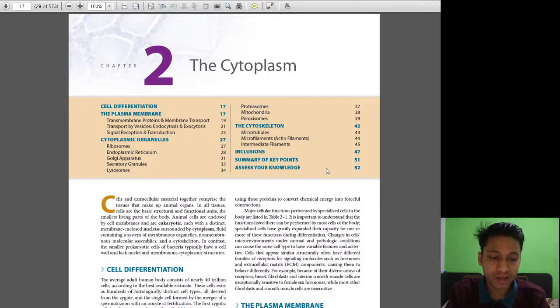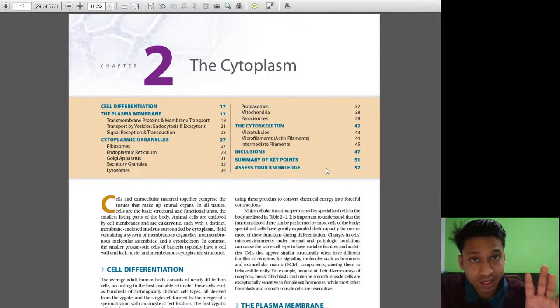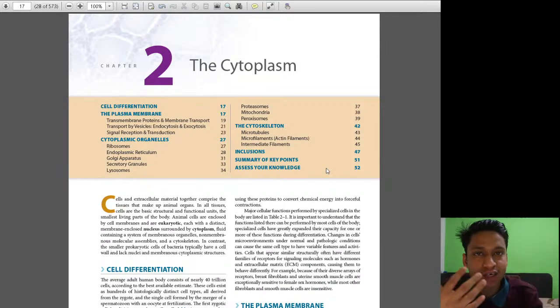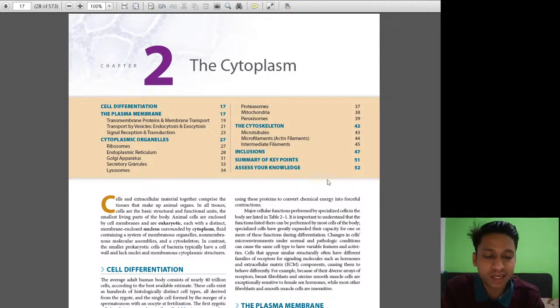Also, we read that cells appear different because they have different families of receptors, and they react differently to different stimuli. Here is an example. Because of diverse arrays of receptors, breast fibroblasts and uterine muscle cells are exceptionally sensitive to female sex hormones, while most other fibroblasts and smooth muscle cells are insensitive.